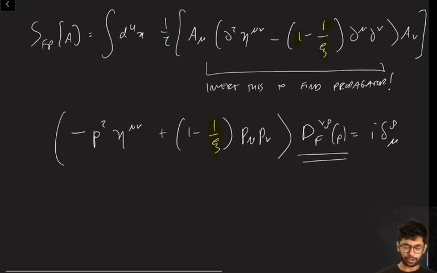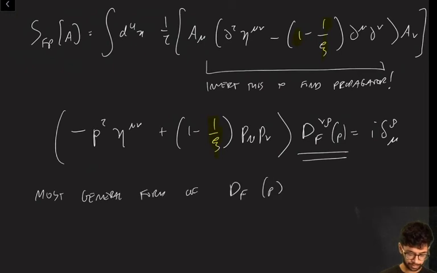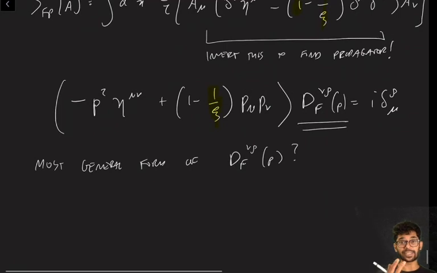Now, this kind of computation comes up over and over again in field theory, so I'm going to show you how to do this. Let's consider what is the most general form of D_F. So D_F^νρ as a function of p is a 2-index tensor object. What are the possible 2-index tensors we have to play with?